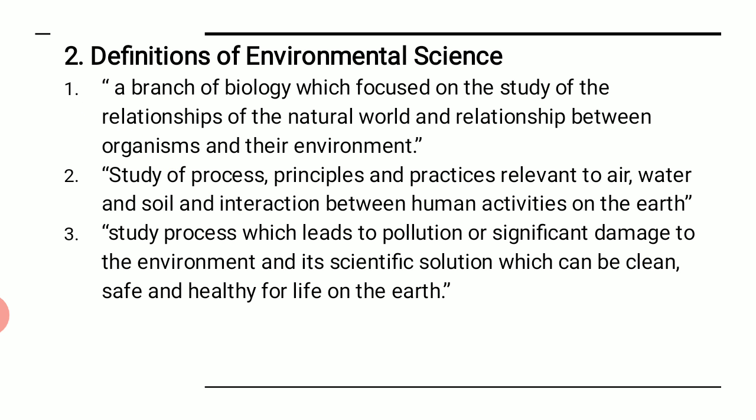So here we go with the definitions of environmental science. Like number 1, it's a branch of biology which focuses on the study of relationship of natural world and relationship between organism and their environment. We have seen earlier also environmental science કેવી branch છે તો કે biology ની branch છે, જેનું કામ શું છે, જે શું કરે છે, તો it tries to check, it tries to observe what the relationship of natural world and the relationship between the organism and their environment.